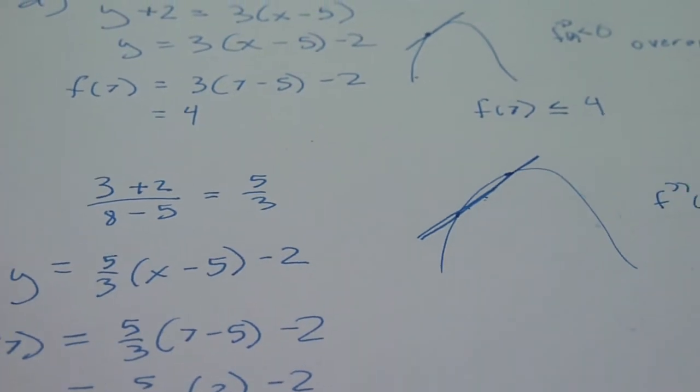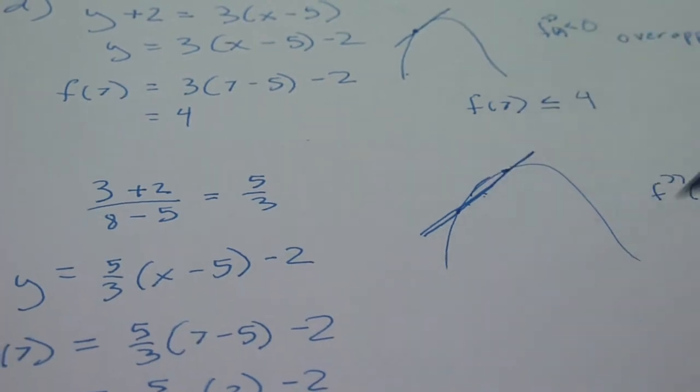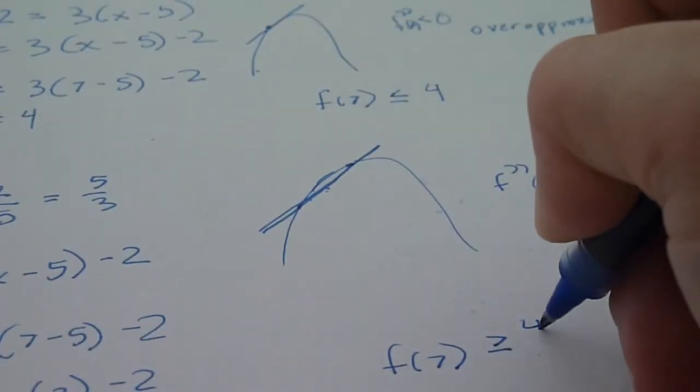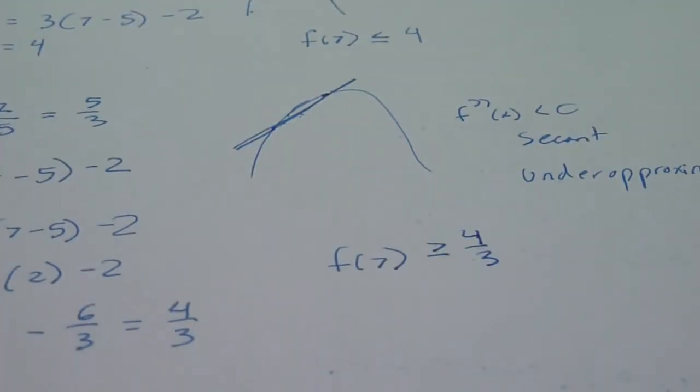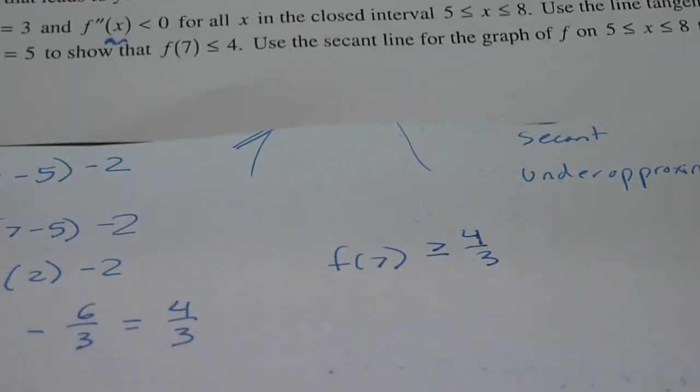So really, f of 7 will be somewhere in this range up here on this top curve right here. So we know that the real f of 7 is going to be greater than or equal to 4/3. And that was 2009 number 5.